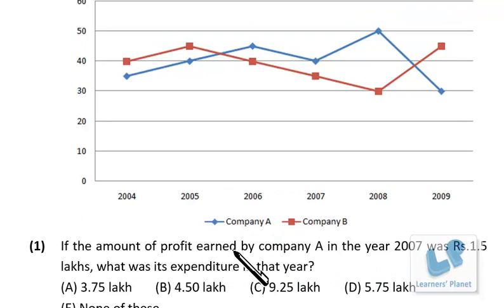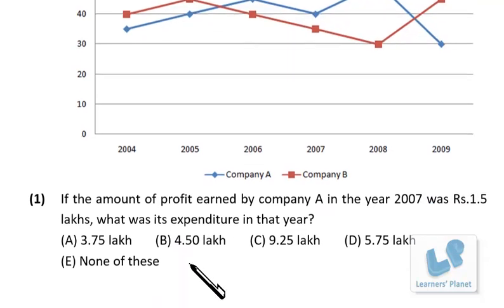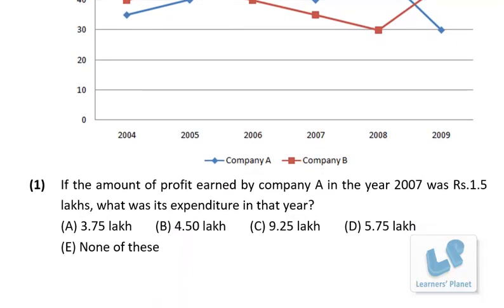If the amount of profit earned by company A in the year 2007 was rupees 1.15 lakhs, what is the expenditure in that year? Now, income minus expenditure by expenditure into 100 is profit percent, right? Income minus expenditure is actually the profit, so that is 1.5. We need to find out the expenditure.